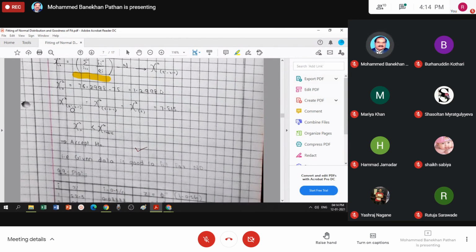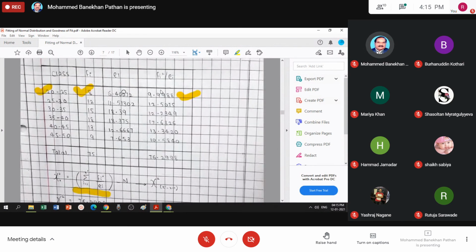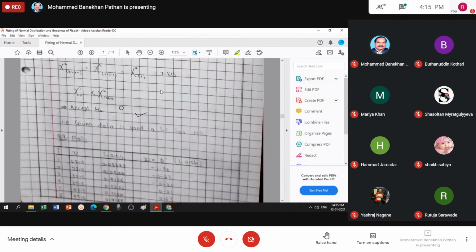Chi-square with k dash minus r minus 1 degrees of freedom. K dash is the number of pooled classes having expected frequency greater than or equal to 5. You can see all expected are greater than or equal to 5. So 1, 2, 3, 4, 5, 6. So k dash becomes 6.